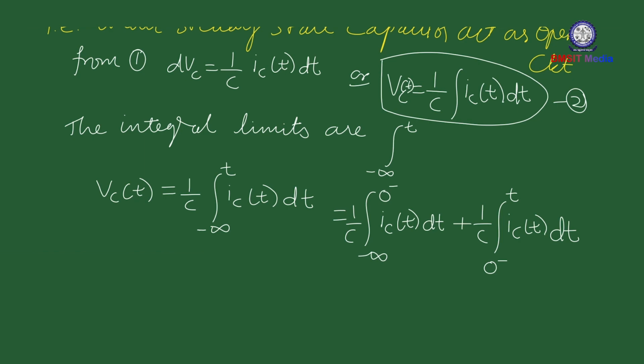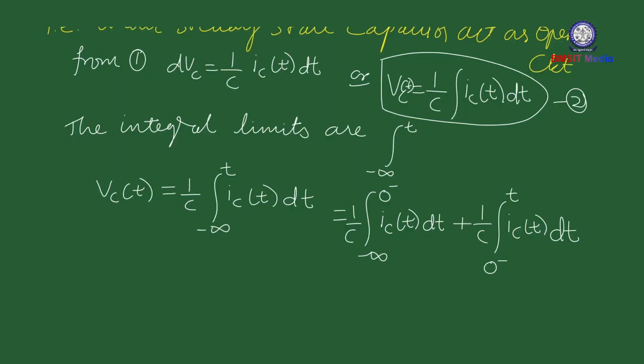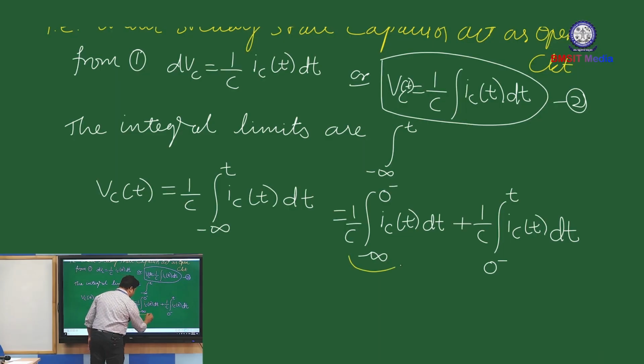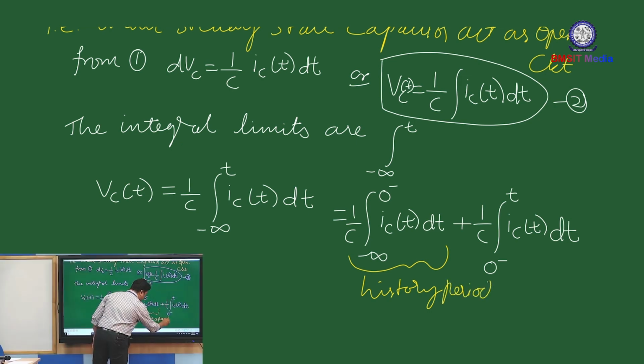So the first integral again indicates the history period of the system. History period in the sense it is the initial condition.